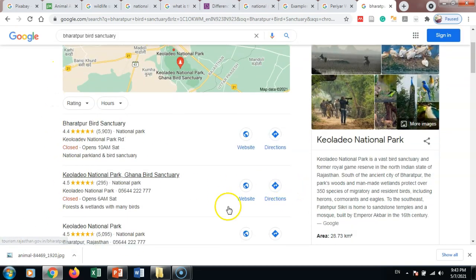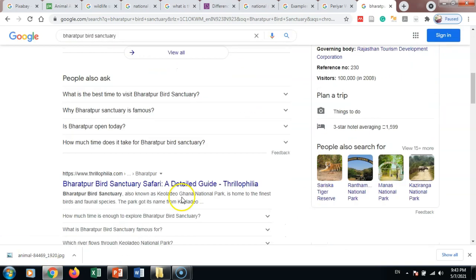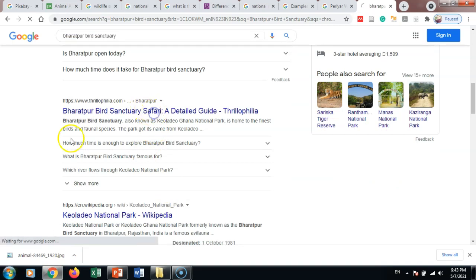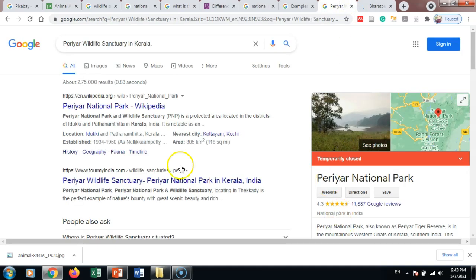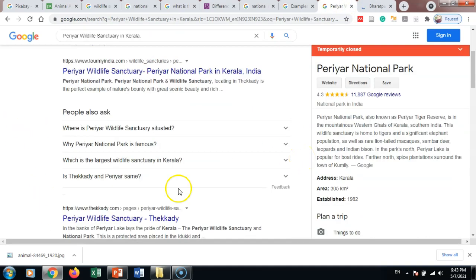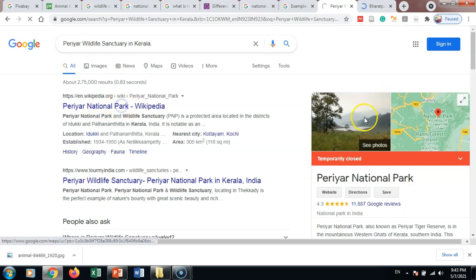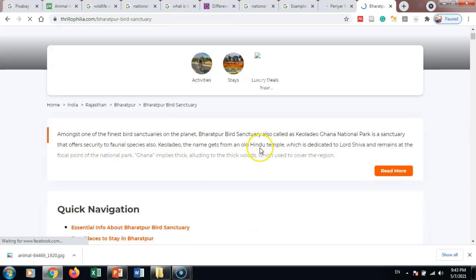Bharatpur Bird Sanctuary, also known as the Keoladeo National Park. Amongst the finest bird sanctuaries on the planet.